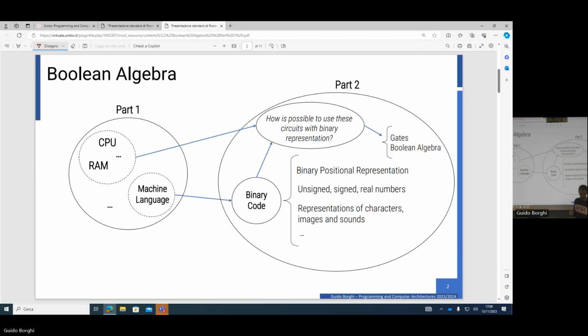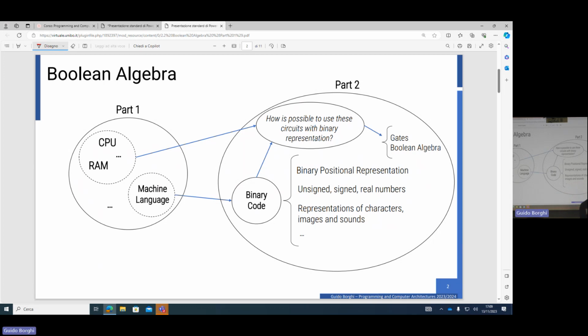Okay. For example, you can use Boolean algebra to develop a specific digital circuit, okay, with a specific behavior, with a specific input. I would like to have a specific output, and I use the Boolean algebra to model the circuits, okay, to develop, to project all the components inside the circuit.